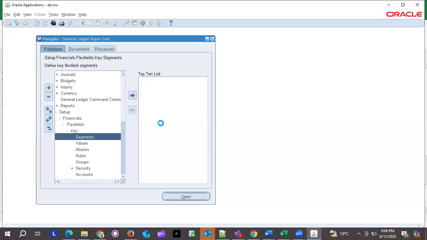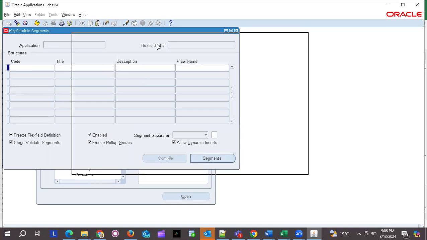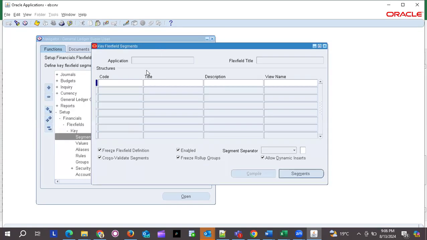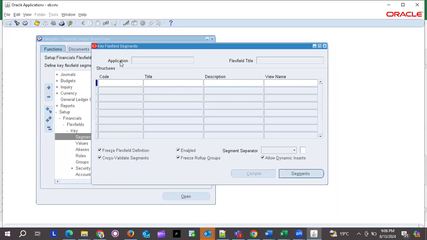As you click on open, it will open the Key Flexfield Segments window, where you define the organization structure under the General Ledger responsibility, or in brackets, application. That's why you have the name application here. The cursor is blinking at the application field.